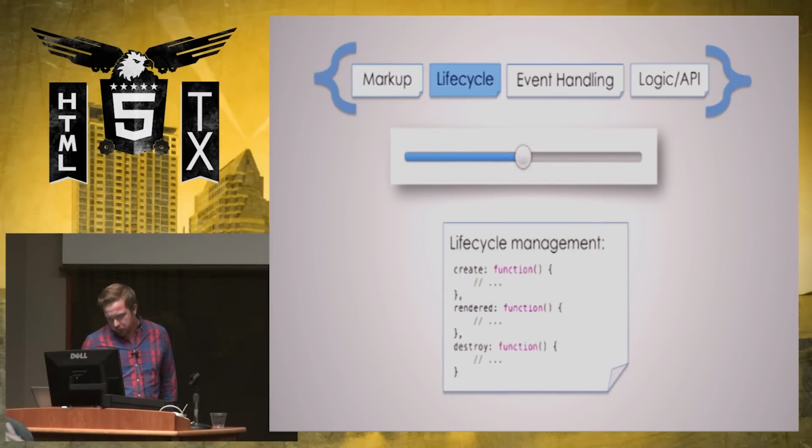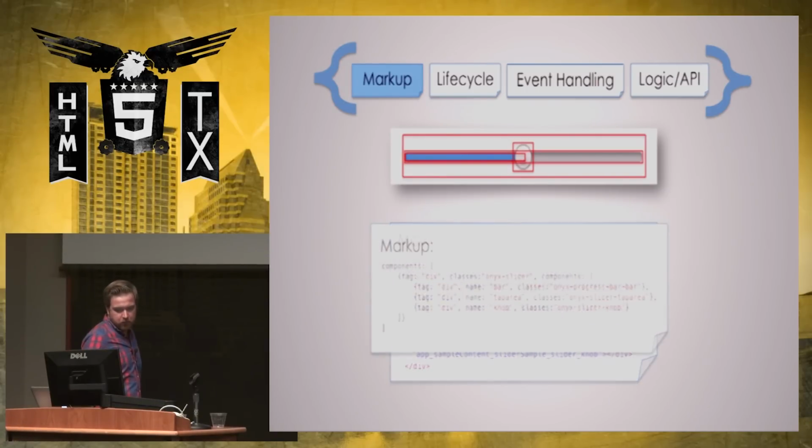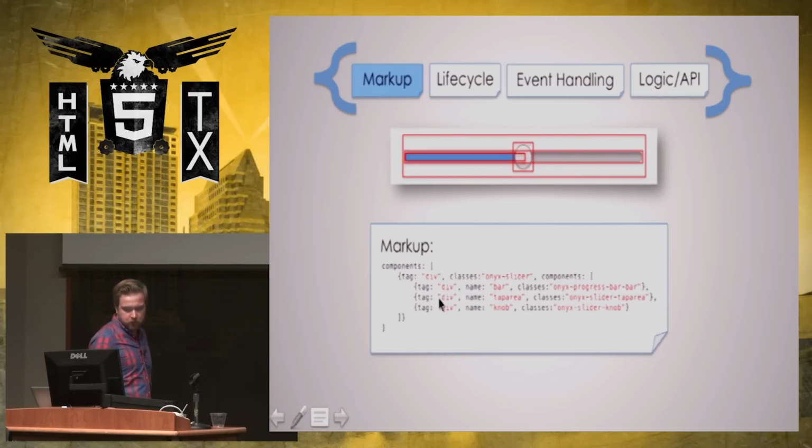And then, let me just go ahead and point out here that the structure in the markup in Enyo looks like this. You can define the static DOM structure in these object literals in a components block, which is a pretty elegant way of representing that in a data structure.